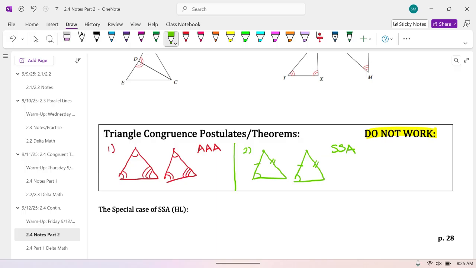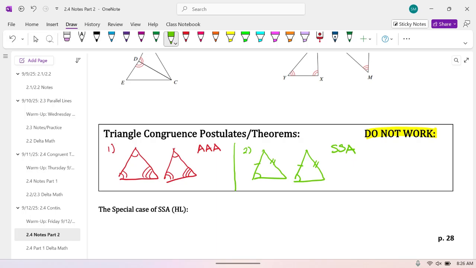Because even though these two sides can be congruent, these two angles can be completely different. Even though this angle is congruent and it has this congruent side, without knowing if this side is congruent, that angle could be smaller or larger or whatever. So that's the other one that does not work.